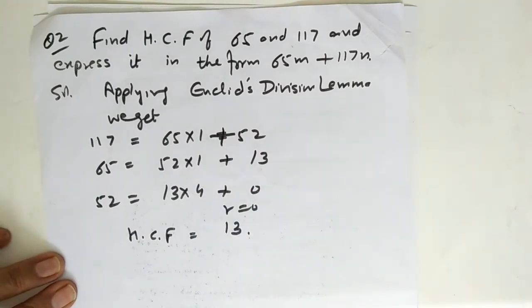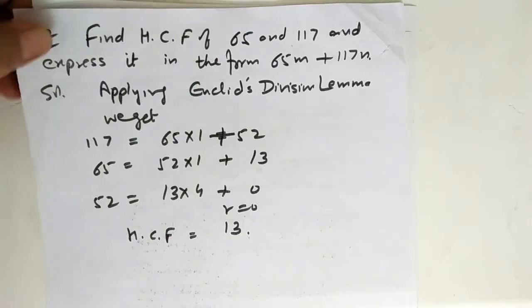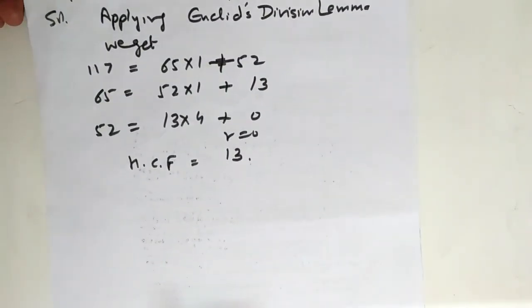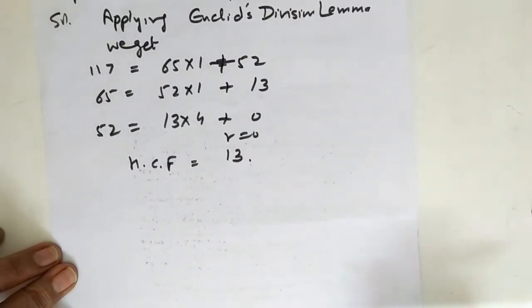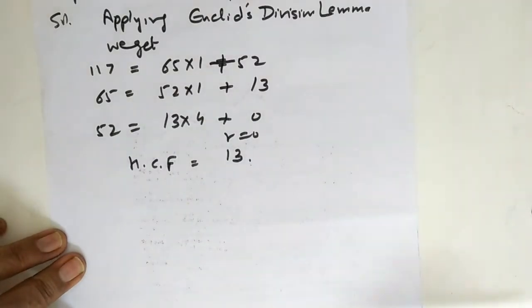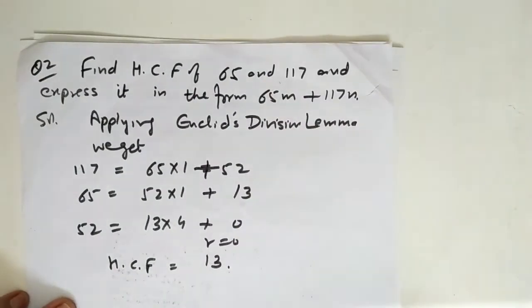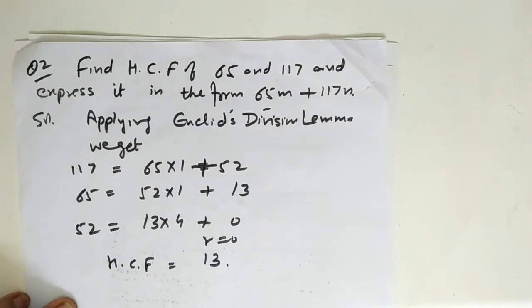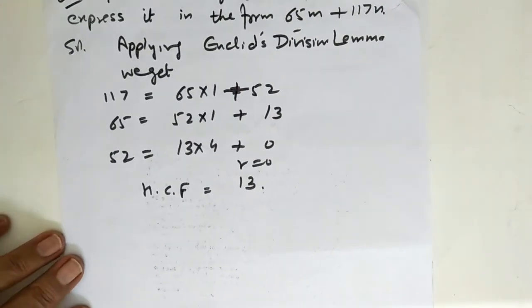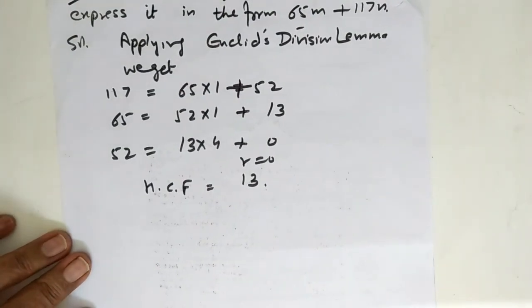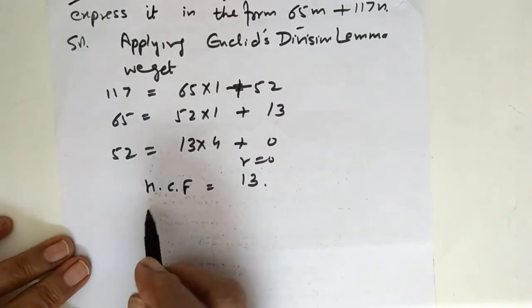Now the second part is this: represent it in the form of 65m plus 117n. For this, you have to write this HCF.